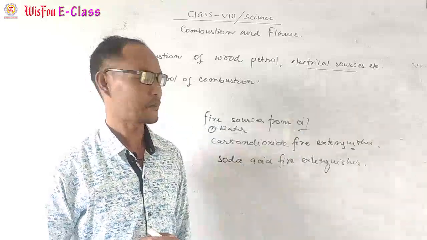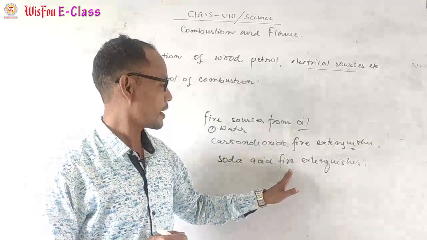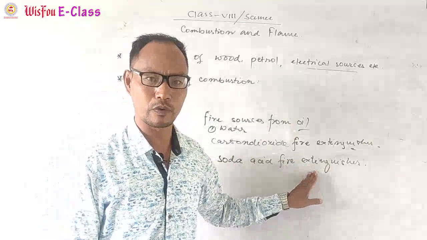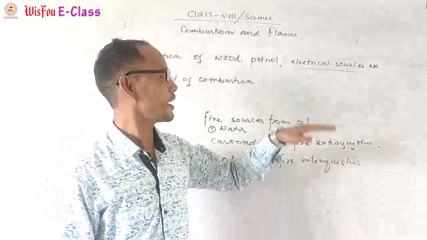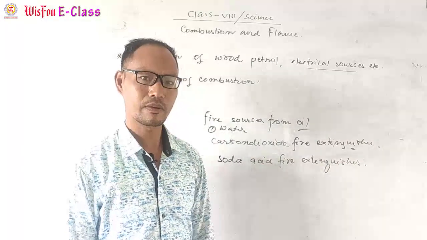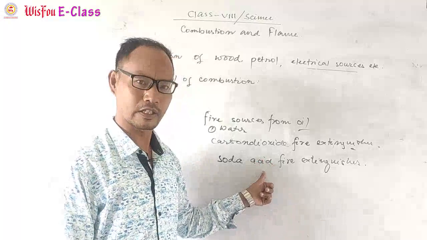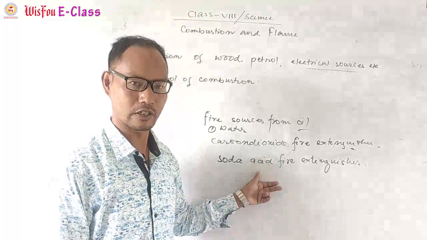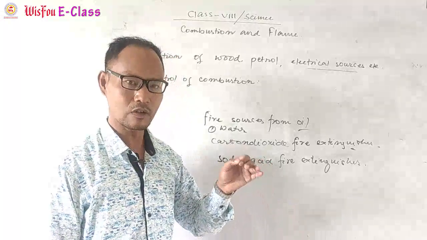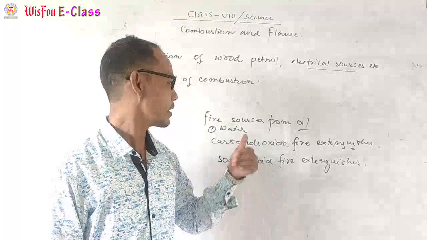And lastly, the soda acid fire extinguisher is also not used to control fire from electrical sources, because soda acid contains acid, and acid is also a good conductor of electricity like water.